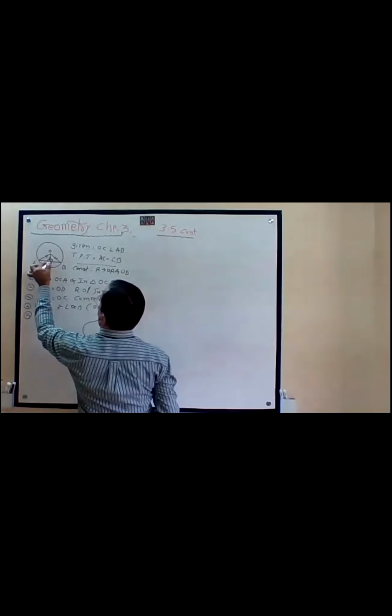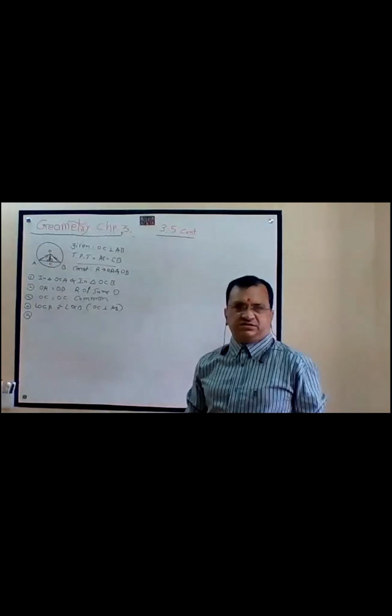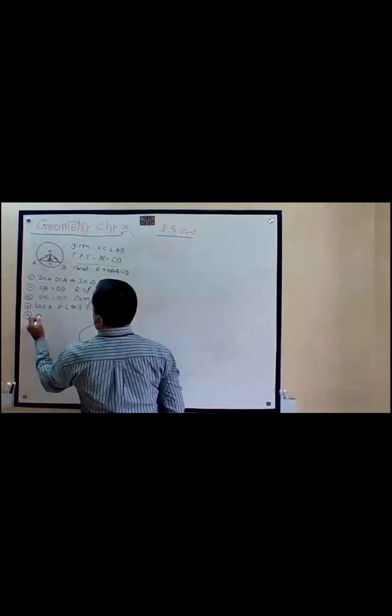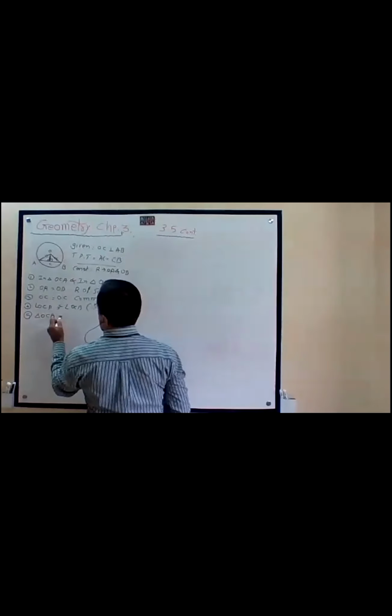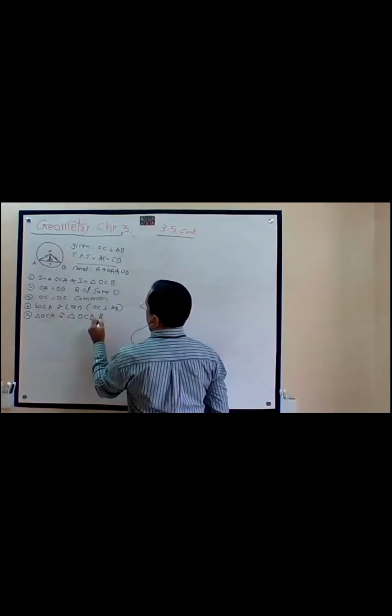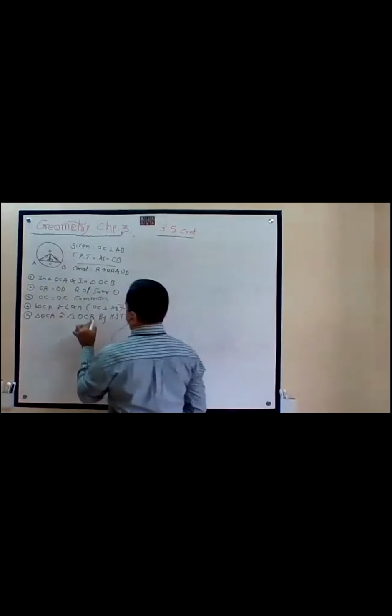These are 90, these are common, these are the radii. So by which test are both the triangles congruent? Triangle OCA is congruent to triangle OCB by the hypotenuse side test.